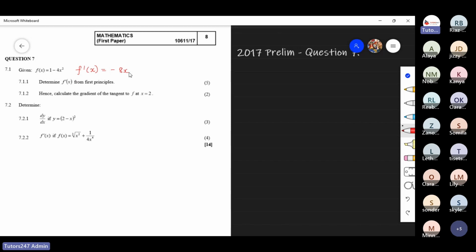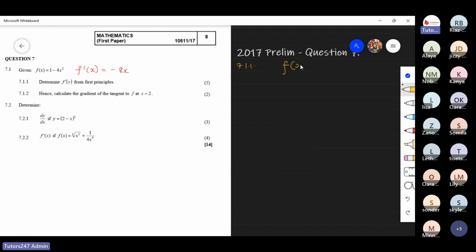So we are now going to use our first principles method. And if we arrive at the answer negative 8x, it means that we are correct. If we do not arrive at the answer negative 8x, that means something is incorrect. So we have question 7.1.1.